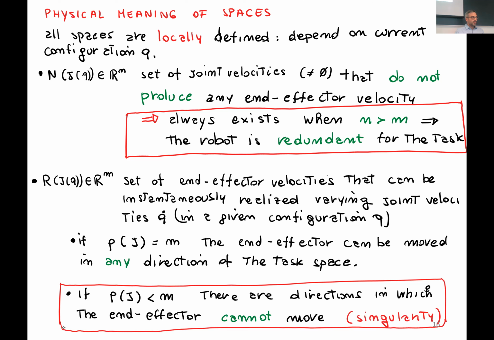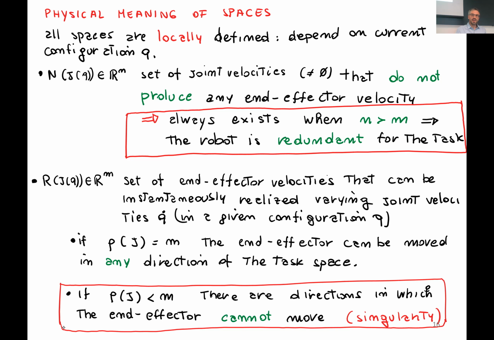And of course, we said that if the rank of a Jacobian is maximum, for example in the case of an M times N matrix it is M, then we can cover all the vector space and move in any direction.